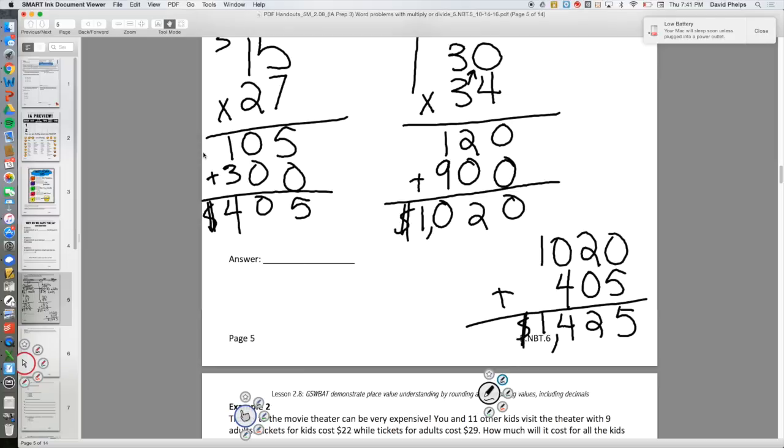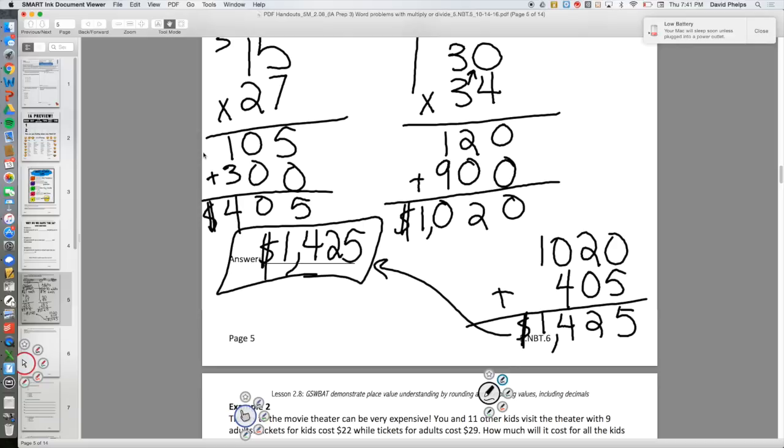So a total cost of $1,425. And to make it easier for me to grade later, I'm going to put it in the answer line, just like this, and box my work. Nice job on example 1.